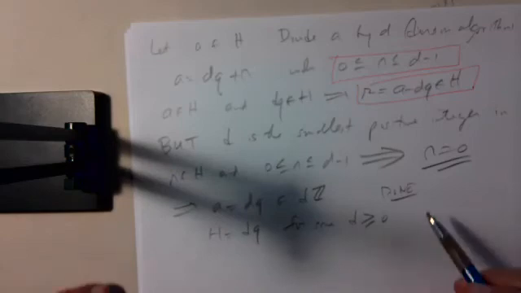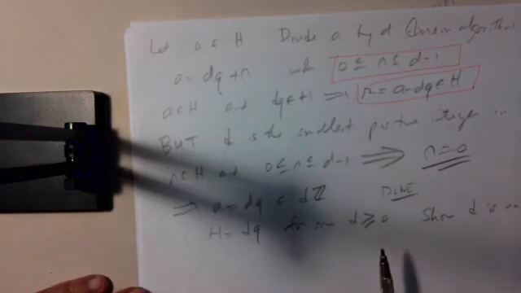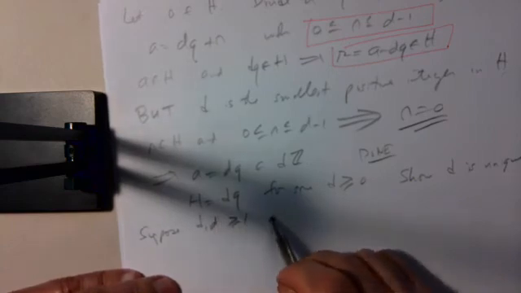So this is half of the theorem. This is the existence. We need to prove uniqueness. So we want to show D is unique. And what does that mean? It means suppose we have D and D prime positive integers, and H is equal to the multiples of D, but it's also equal to the multiples of D prime.